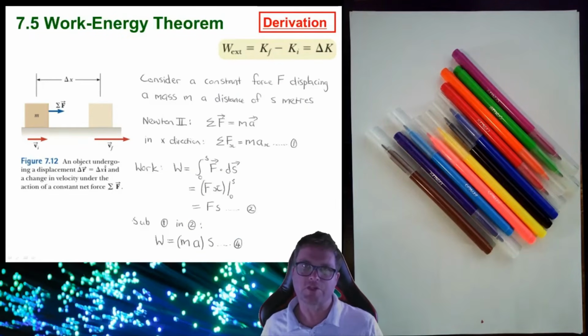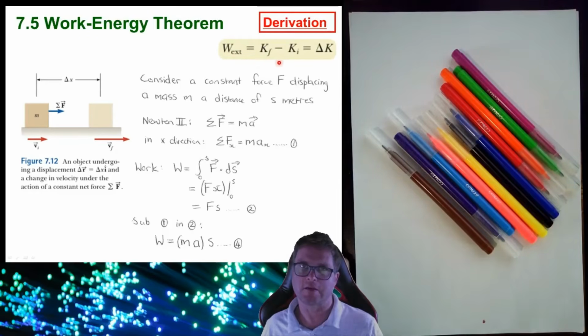One of the things you may be asked to do is to derive the work energy theorem. So this over here is the definition, the equation that we're looking to derive. Again, the situation that we're dealing with is the one that we discussed before, with these forces being applied to this block and it's changing its velocity.